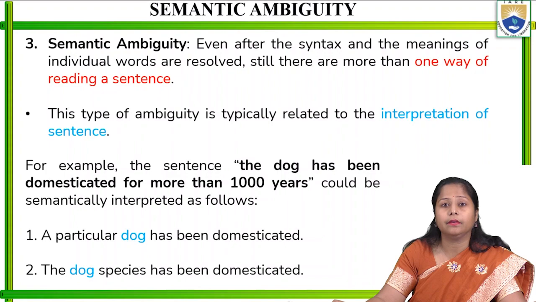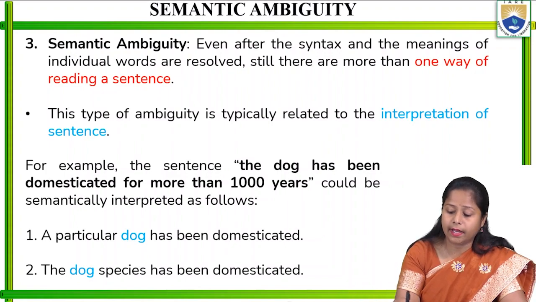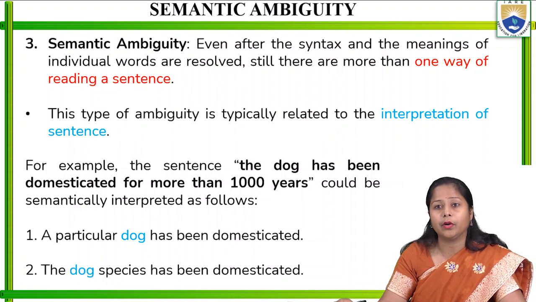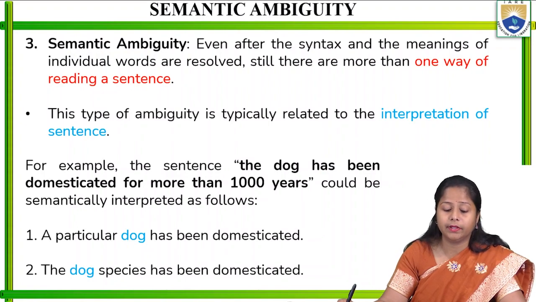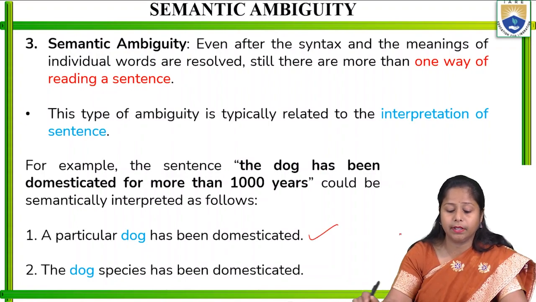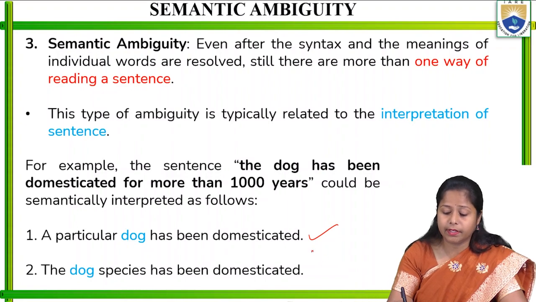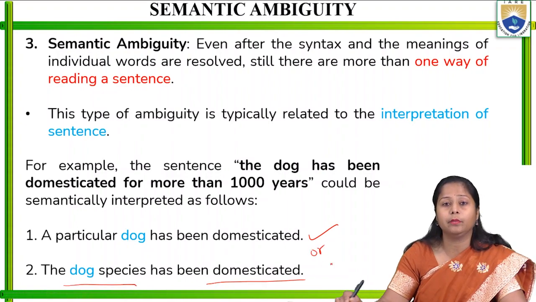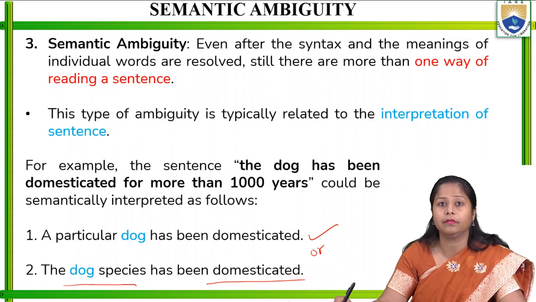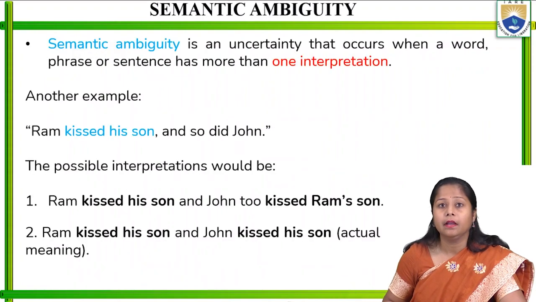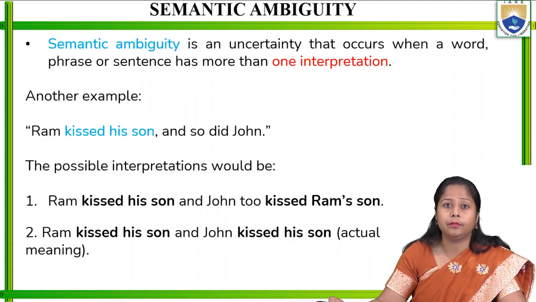For example, let's take a sentence: the dog has been domesticated for more than 1000 years. It could be interpreted with the semantics as: a particular dog has been domesticated, or the dog species has been domesticated. So there can be two interpretations out of that with the semantic analysis. This type of semantic ambiguity is an uncertainty that occurs when a word, phrase, or sentence has more than one interpretation.